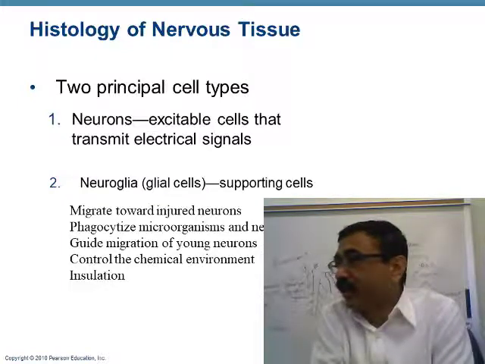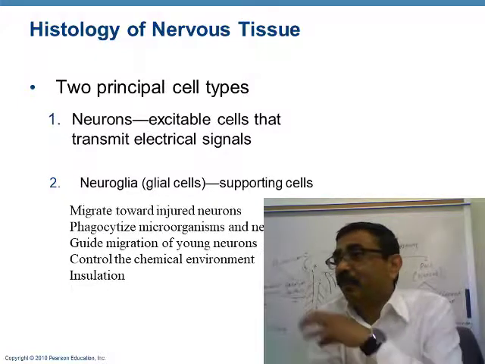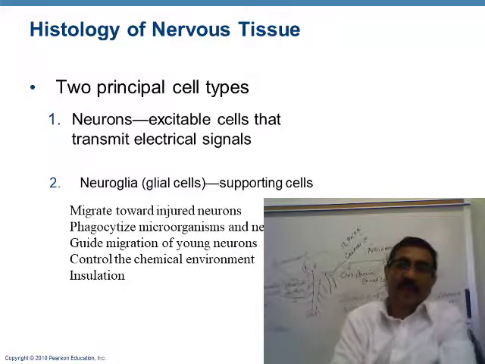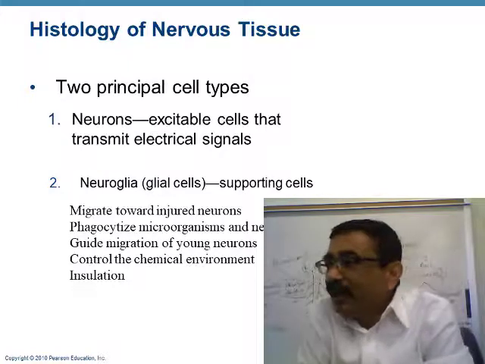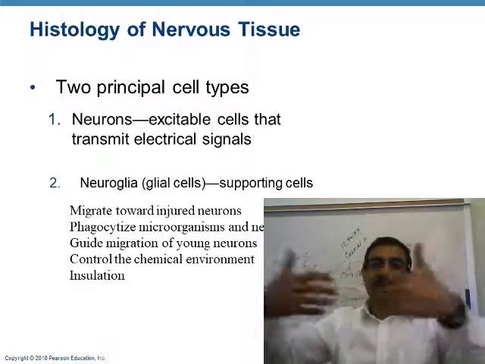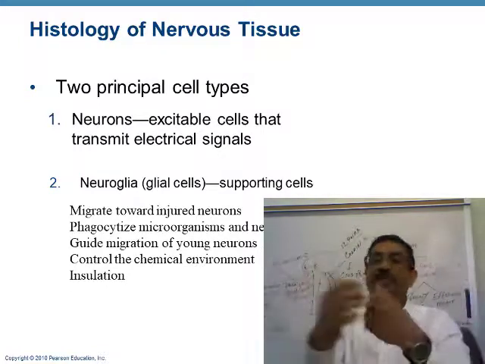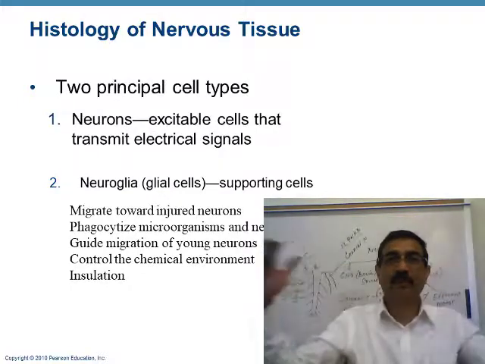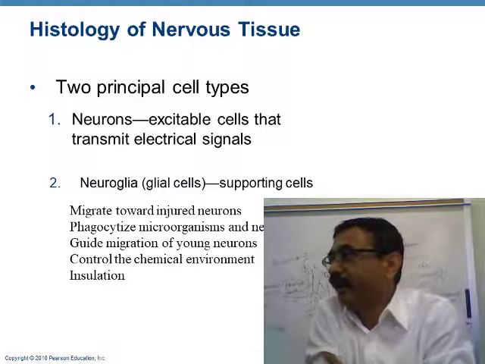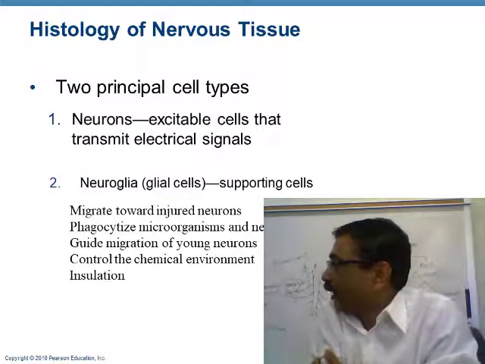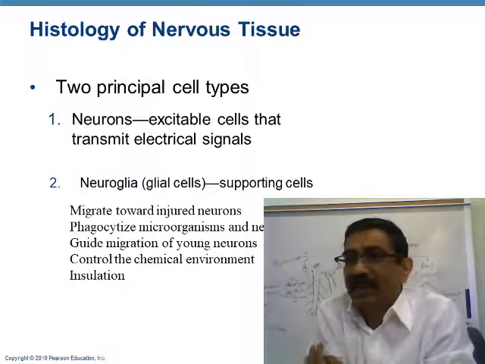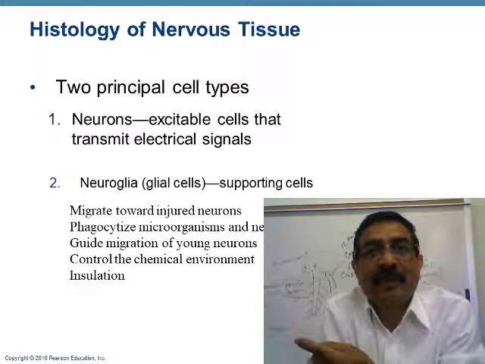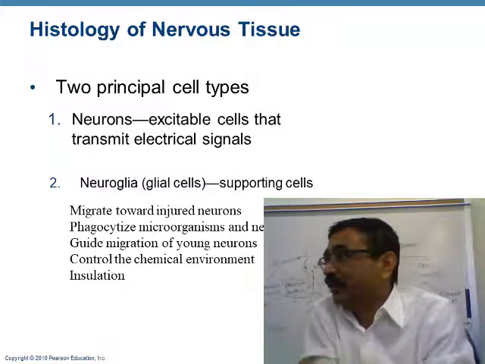If any injury occurs in the nervous system, neuroglial cells can move towards that site of inflammation or injury. Why do they need to move? Because they can engulf the microorganisms or dead cells. They will remove the microorganisms or dead cells by phagocytosis. So that is another important function. Not only do they move towards the site of inflammation or injury, they do phagocytosis, engulfing.